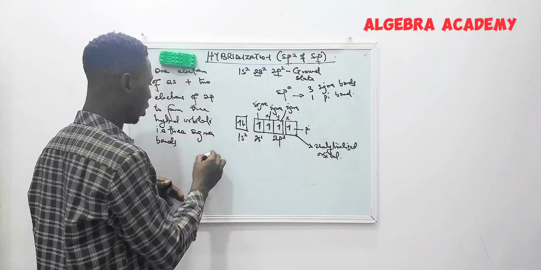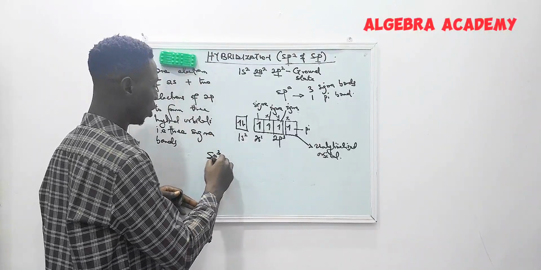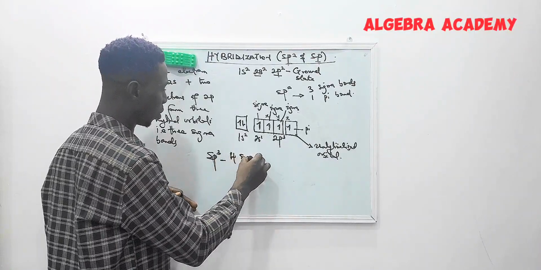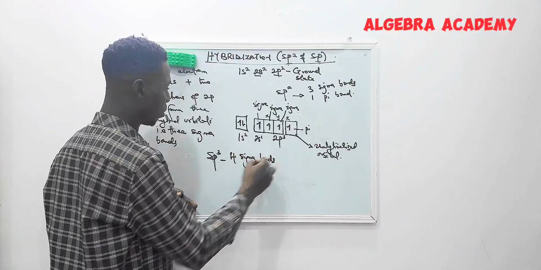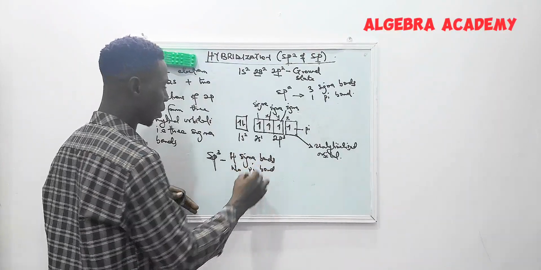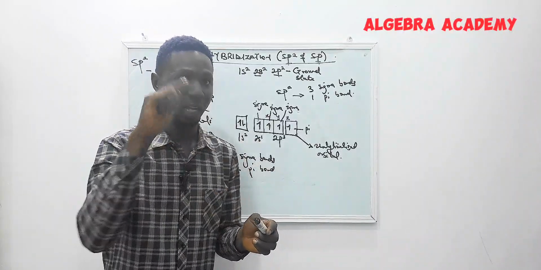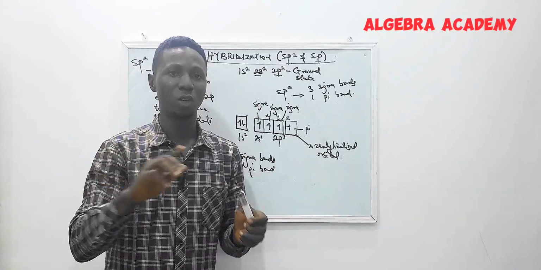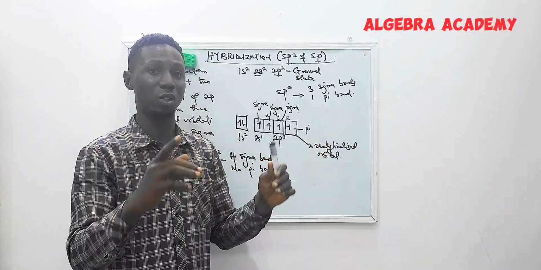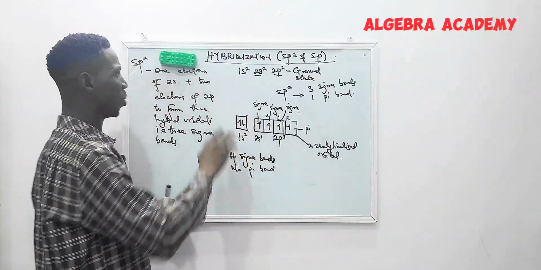Unlike sp3, from the last lecture, where we have 4 sigma bonds and no pi bond. The reason is that for sp3, all the p's are participating, likewise the s. So there is no orbital that is not participating in the hybridization, and there is no pi bond for sp3. So this is how sp2 is hybridized.